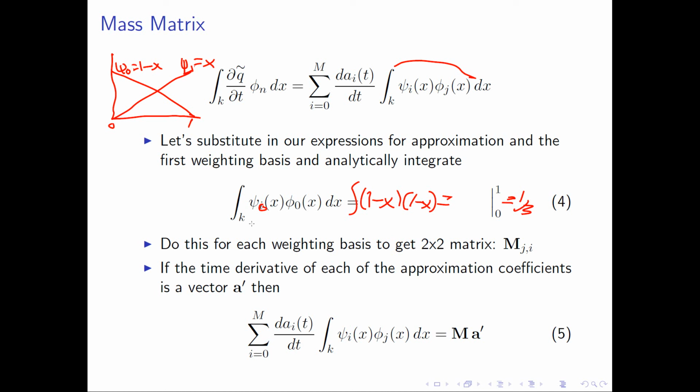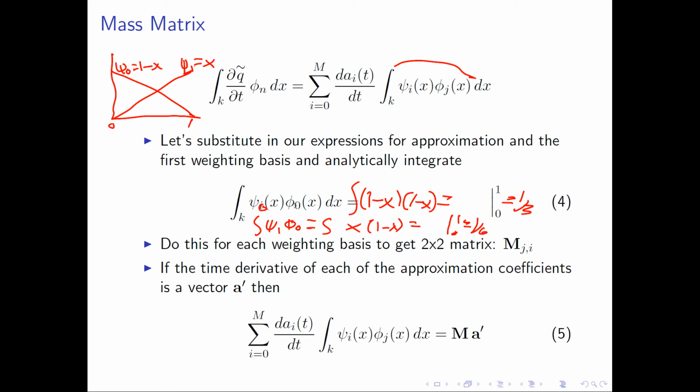So now what if we were to look at the integral, again with the same weighting basis, but now we're looking at the other solution basis? Well, we can substitute that in there. So we still have our 1 minus x for our weighting basis, but now we just have an x for our approximation basis. And when we perform that integral and evaluate it from 0 to 1, we find that this is equal to 1/6.